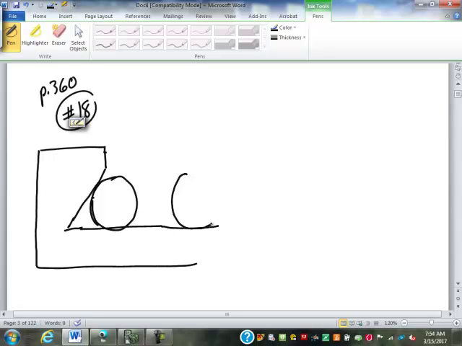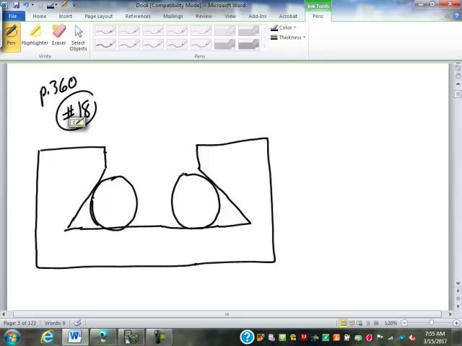Number 18. I butchered the drawing a little bit there, but that's okay.